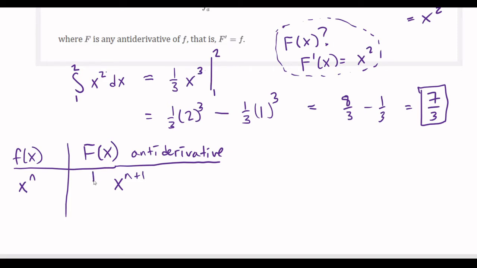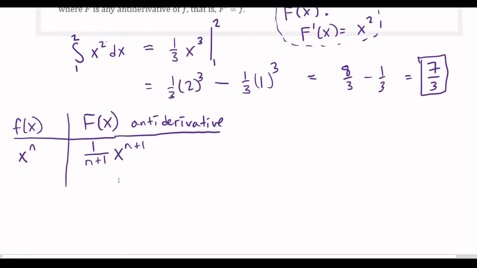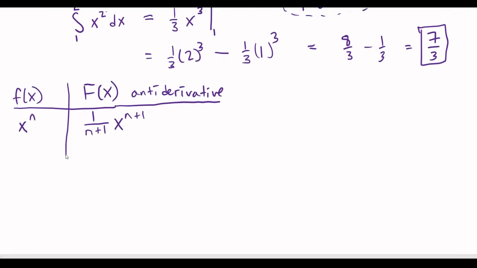So that would be divide by n plus 1. And here you go. That's our antiderivative rule. Add 1 to the power, divide by that number. Boom. Now, you've got to be a little careful here. Like remember when we were doing derivatives, x to the power n, oh, this is no problem. Great, great, great.